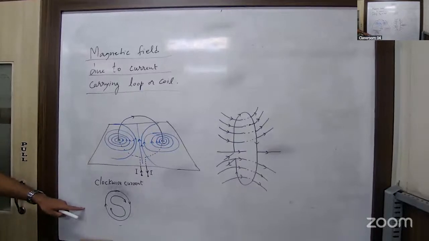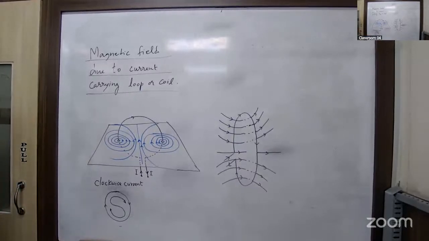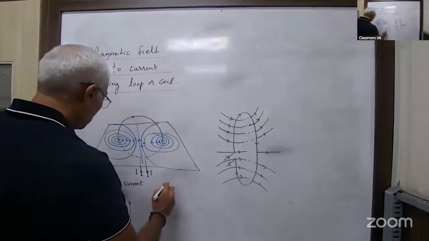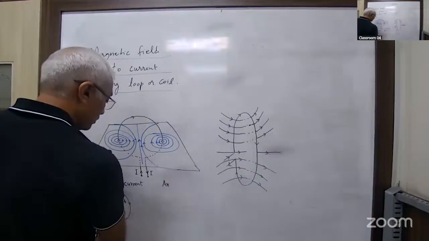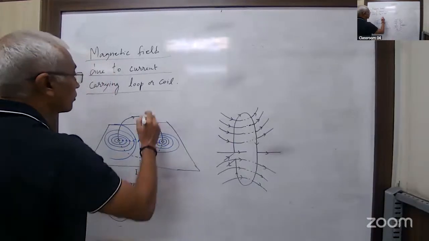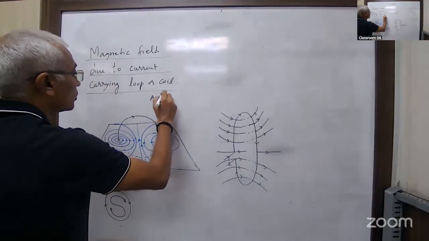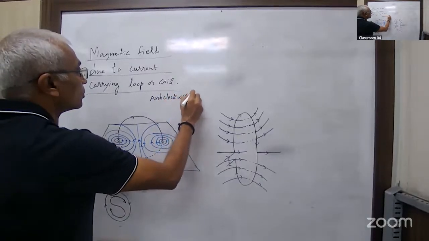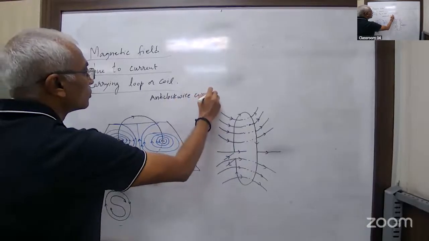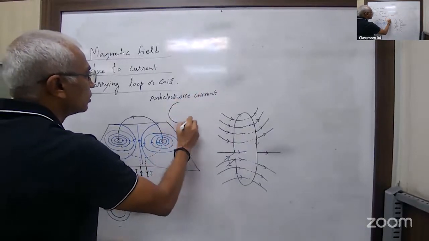Clockwise current develops south pole, and the north pole will be anti-clockwise current. This is the rule.